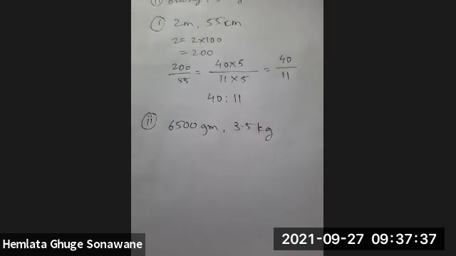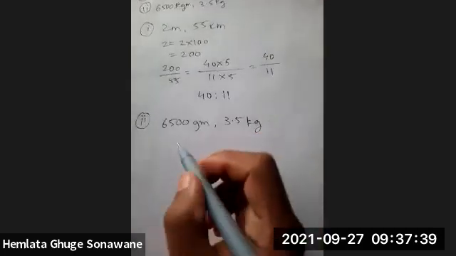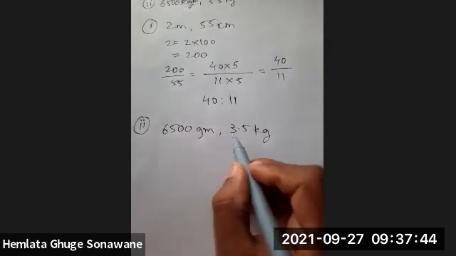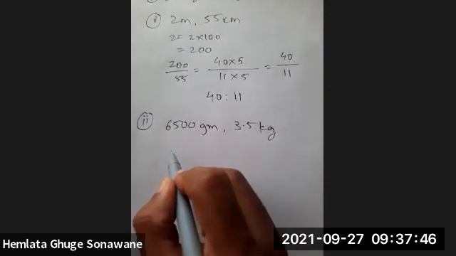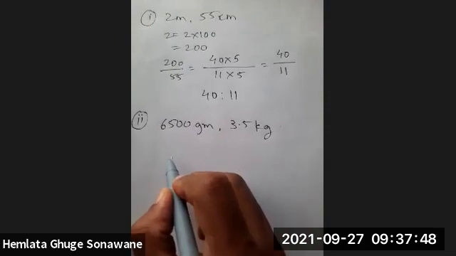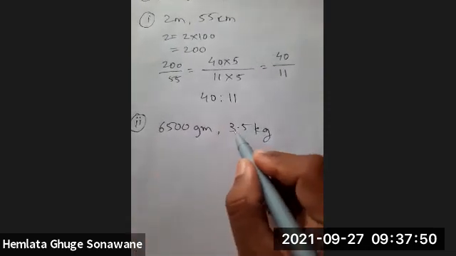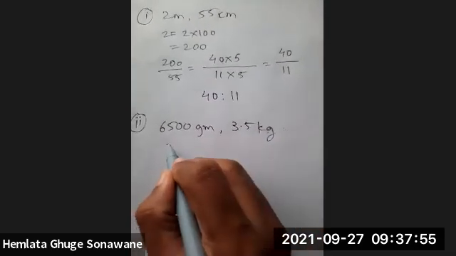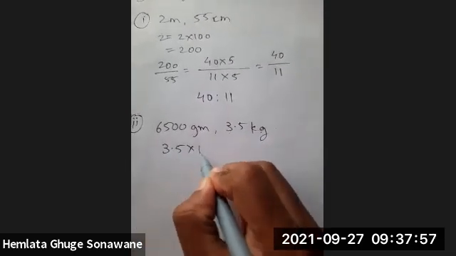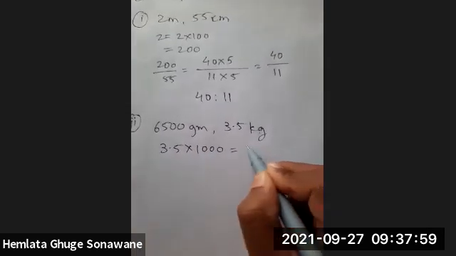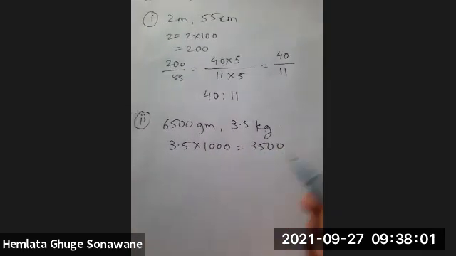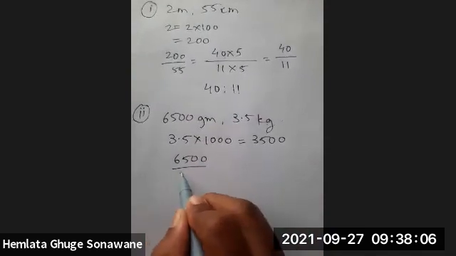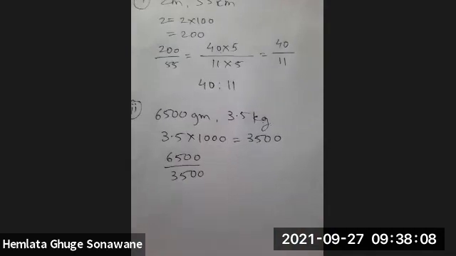Can anyone explain what to do? Yes, beta. 6,500 gram, 3,500 gram. Yes, so we first convert 3.5 kg into gram. So that is 3.5 into 1000, which becomes 3,500. And next is 6,500 upon 3,500.